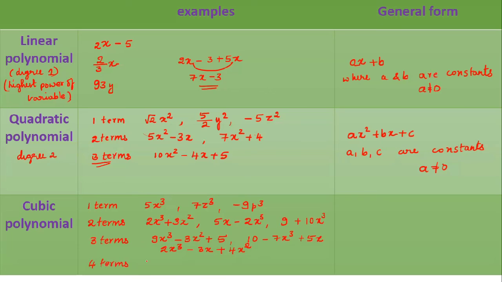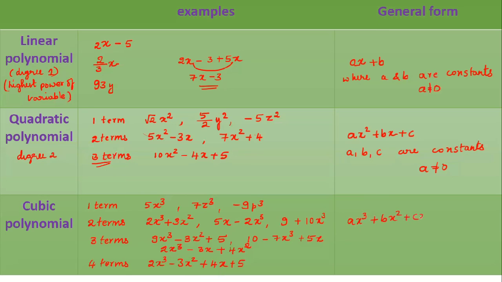Now write a cubic polynomial with four terms: 2x cube minus 3x square plus 4x plus 5. You can change the order of the terms. You can write 5 as the first term also. So at most a cubic polynomial can have four terms.